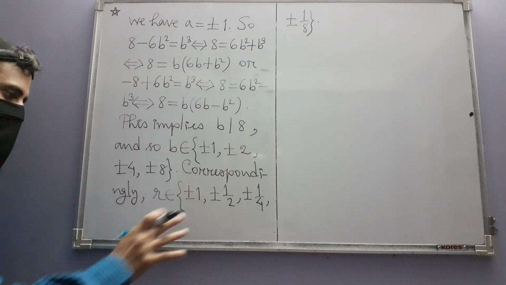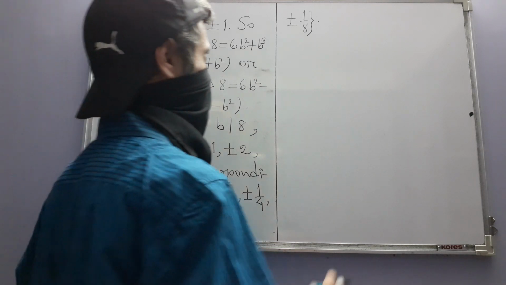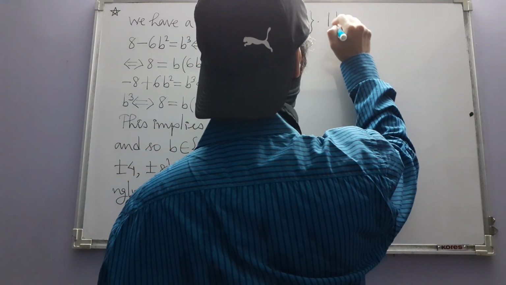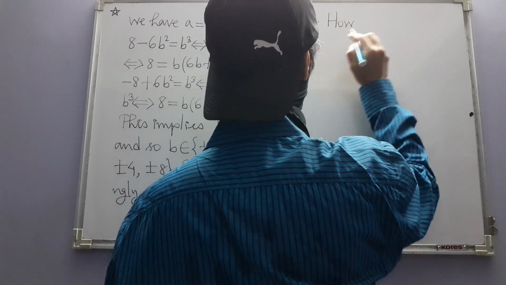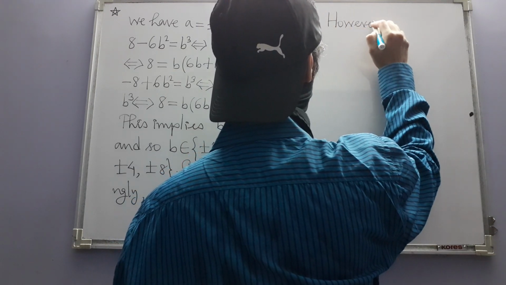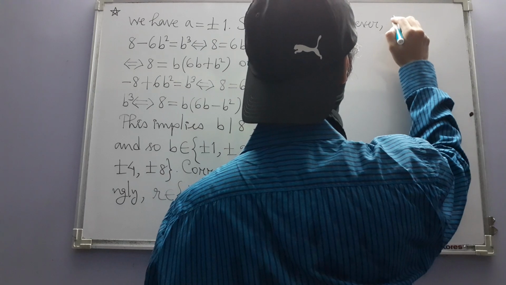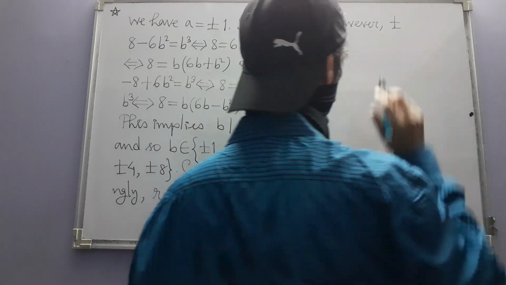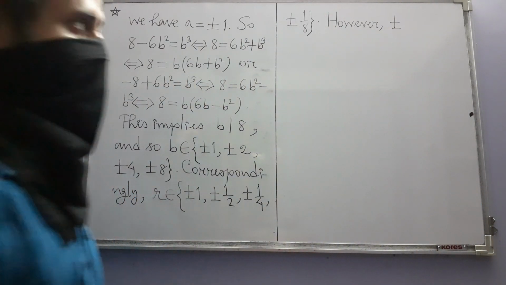But now this itself is a contradiction, because none of these real numbers, in fact they are all rational, so let me write like that itself.